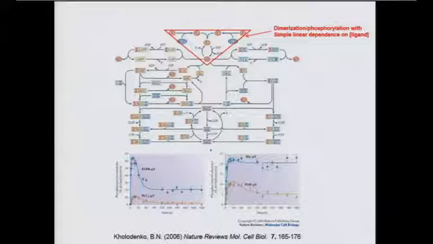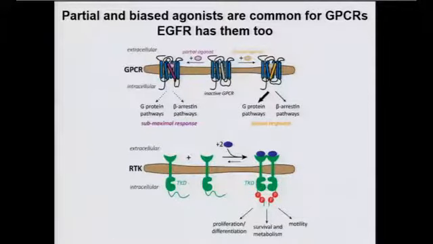So I think that was basically what I wanted to point out. Just to come back, we've been thinking a lot, and I think the structural revolution in G-protein coupled receptors has really taught us an enormous amount about the details of partial and biased agonism in the G-protein coupled receptor field. And in a sense, the G-protein coupled receptor structures were the beginning of that.